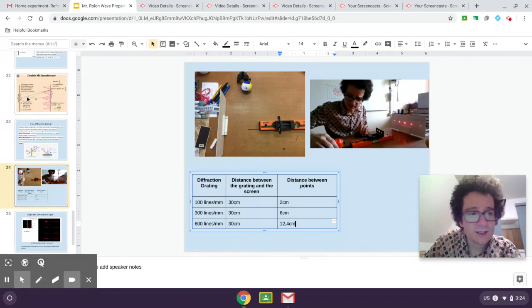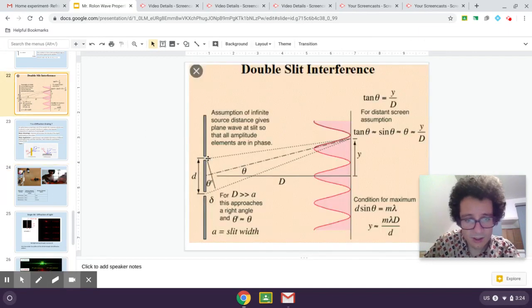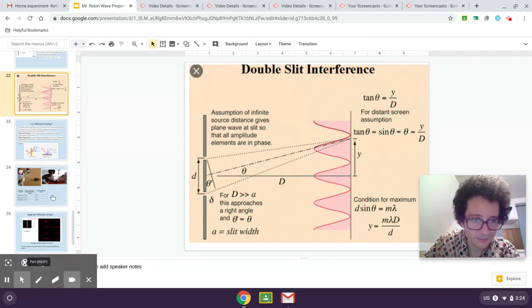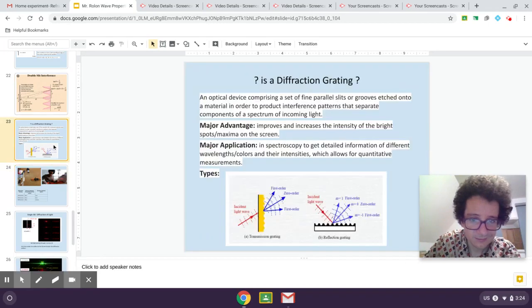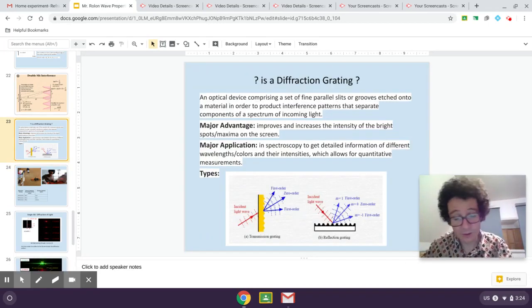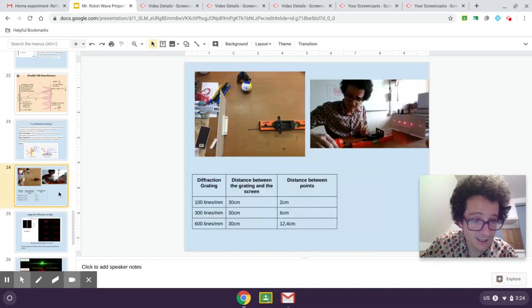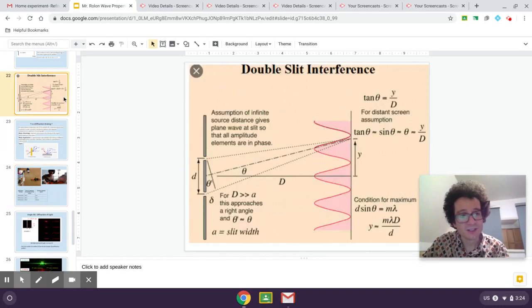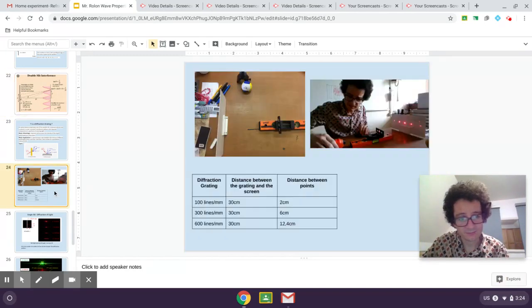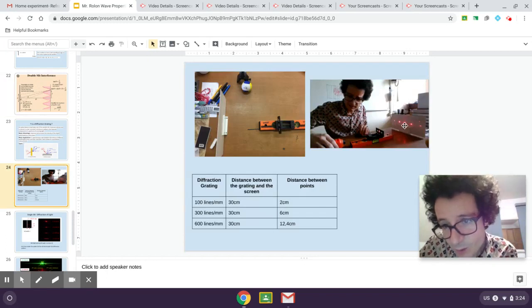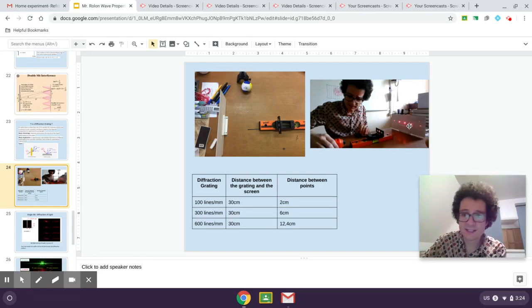So I was telling you that Thomas Young used just these two little slits. Why did we use a grating? Well, when we use a grating instead of just two slits, we have these very nice points with very clear distance between them.